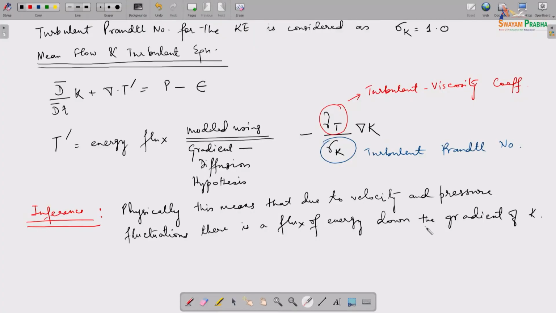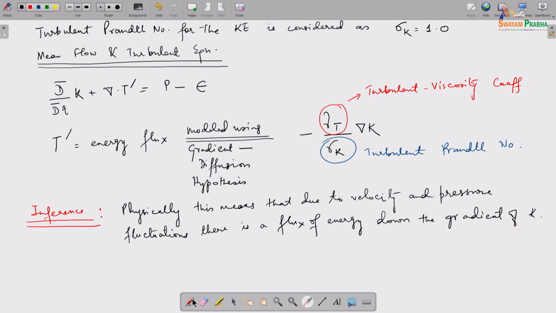So there is a direction. The energy flux, which I'm modeling using the gradient diffusion hypothesis, is transferred along the gradient of k. And of course, the reason there is an energy flux is that there are changes in velocity and pressures.